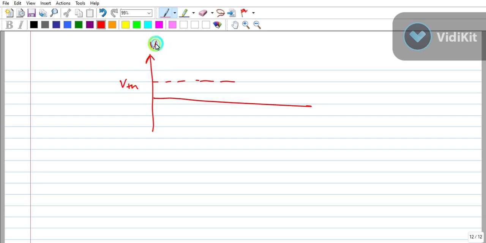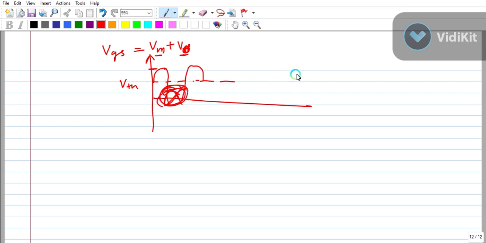This is V in plus VTH. This is biasing voltage, this is input. Total it is VGS, and it is going like this. So see, for this part the MOSFET will be on, but for this part the MOSFET will remain off. So the MOSFET won't be able to amplify this.